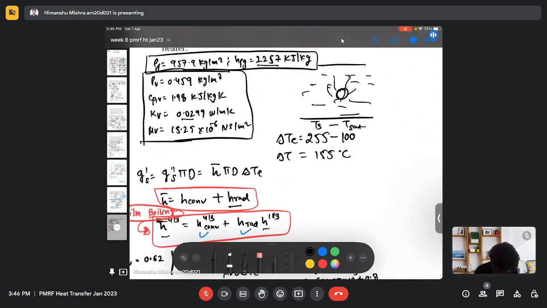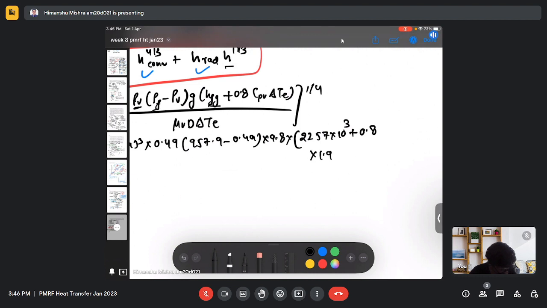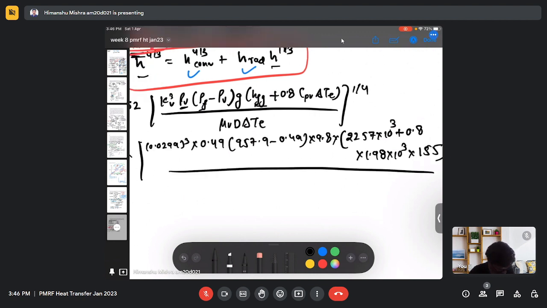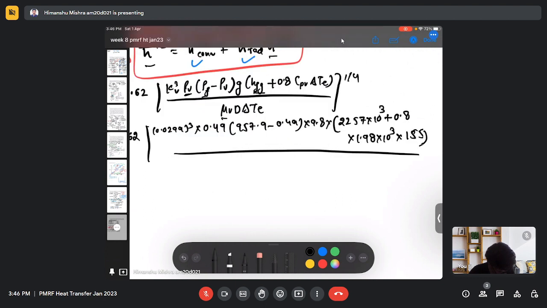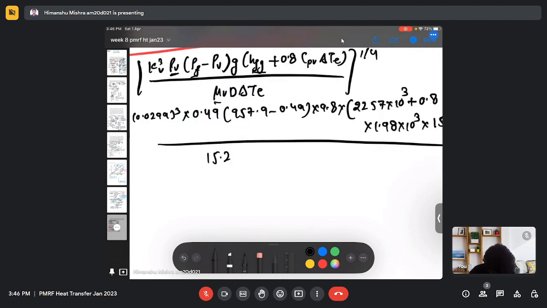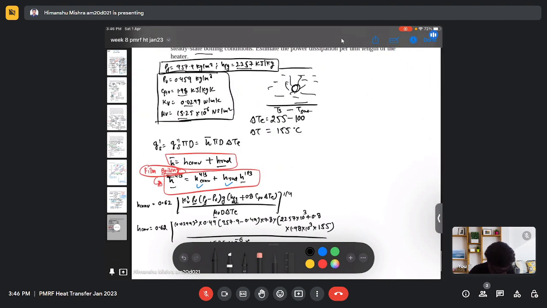My heat capacity for vapor is 1.98 kilojoule per kg Kelvin, and my excess temperature was 155. The dynamic viscosity of vapor is 15.25, and the diameter is given as 6 mm.